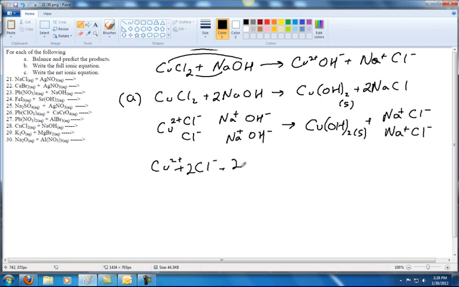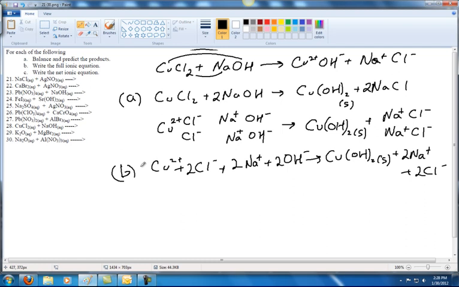I see 2 Na pluses, and I see 2 OH minuses. This doesn't split into ions. And now we've got 2 Na pluses here and 2 Cl minuses over here. Alright, so now this is for part B. That would be the full ionic equation.